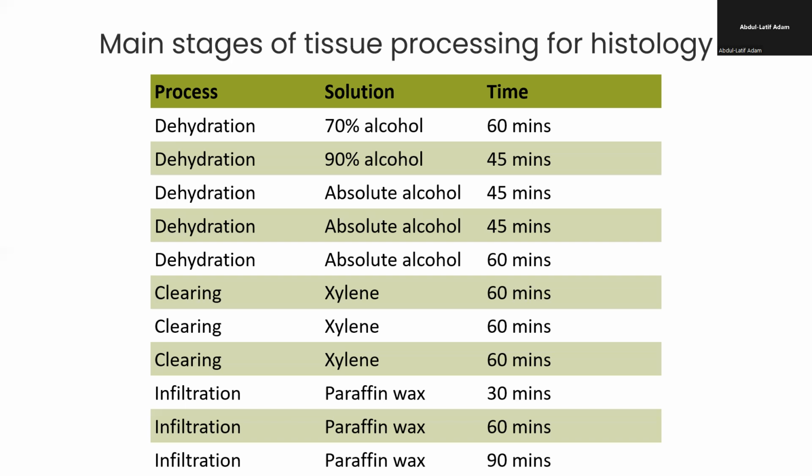So they put the two together, equal volume, before they go finally into the xylene. Okay, but most often, because it is very miscible, you can also go straight to xylene. Okay, just like it is here.